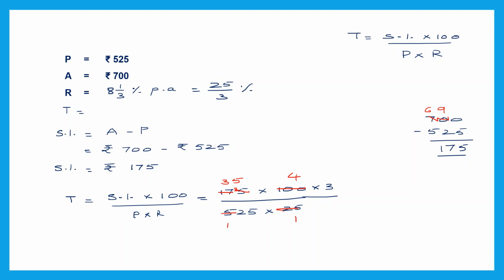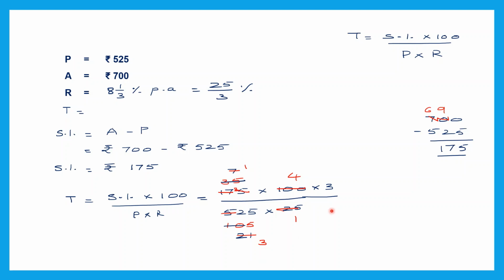So I'm putting a 0 there and taking 25, 5 5s are 25. Again I can cancel 35 and 105 by 5. 5 7s are 35. 5 2s are 10, 5 1s are 5. Now I can cancel 7 and 21 both by 7 itself. So this becomes 7 1s are 7, 7 3s are 21.